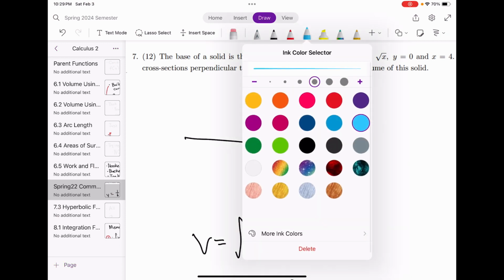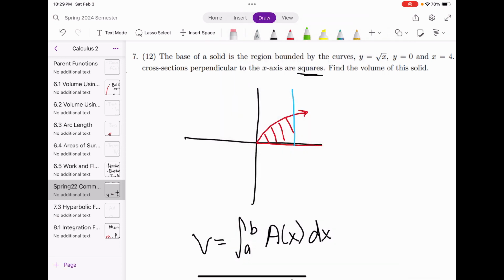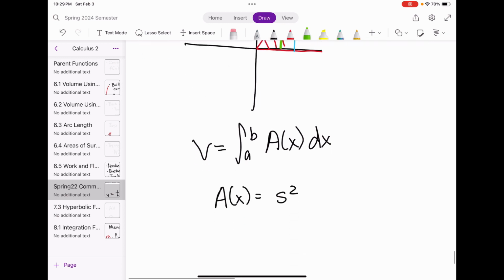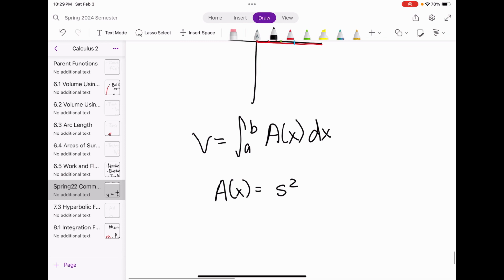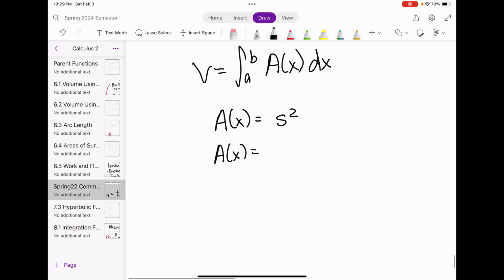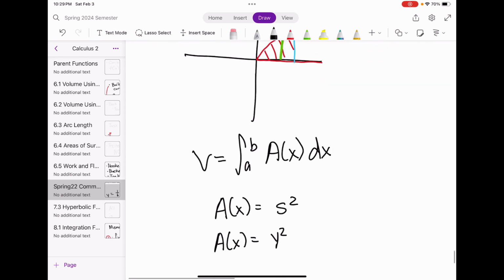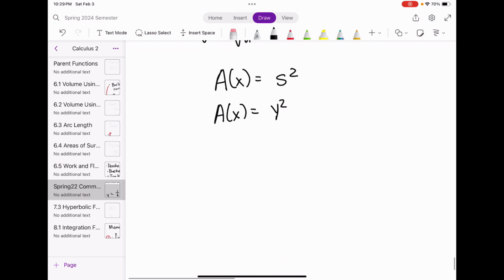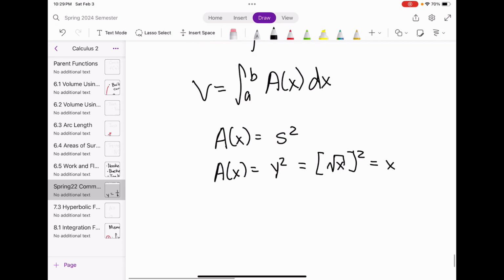we'll use a different color, green. This right here is the base of the square, which means that A(x) is equal to y squared. Now obviously, since it's dx, we can't write y squared, so we'll write the square root of x, because that's what y is, squared, which equals x.